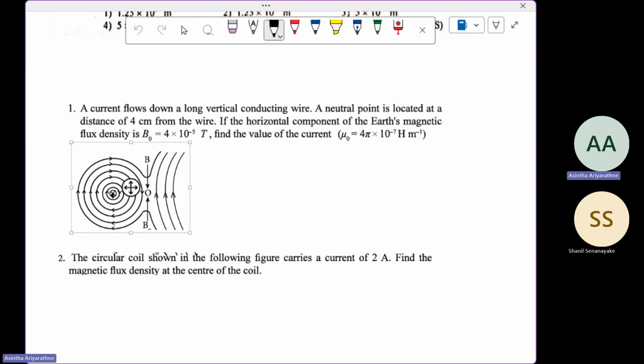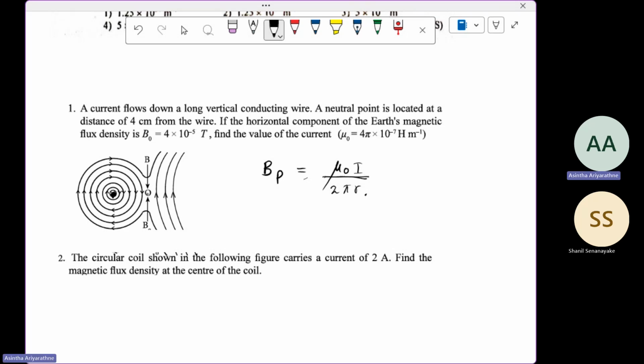For a wire, what is the expression? It is mu naught I over 2 pi r. No, number of turns is not needed. Right?